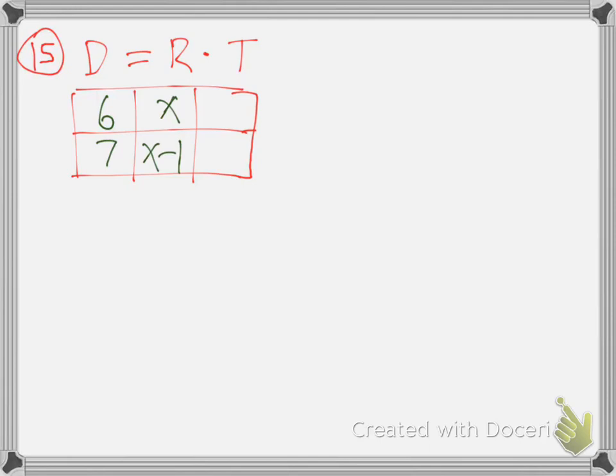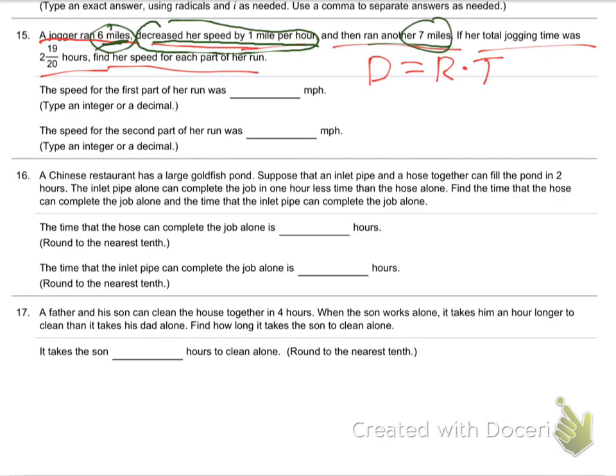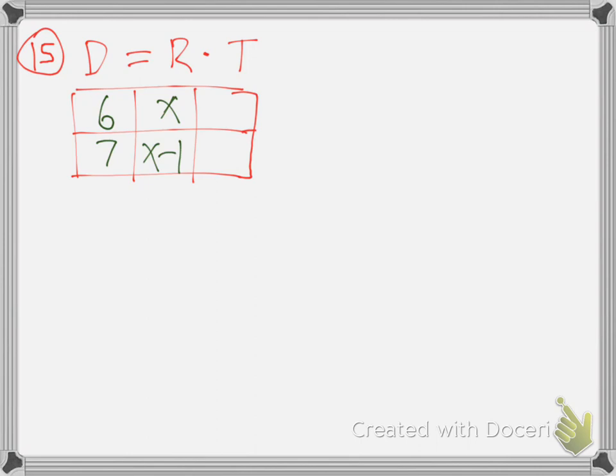Does that make sense? Whenever they say decreased by 1, that's x minus 1. So you get the idea. She went 6 miles at a certain speed, call it x, and then she decreased her speed by 1, x minus 1 speed for 7 miles, right?